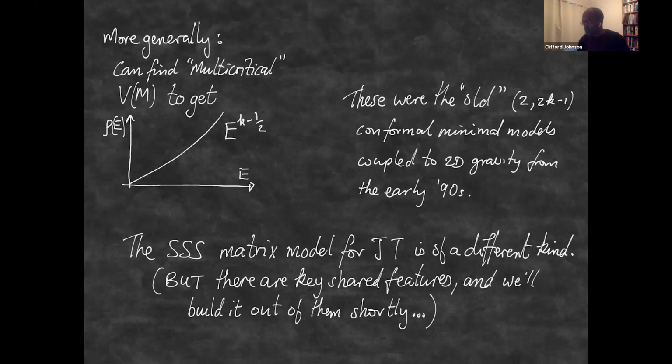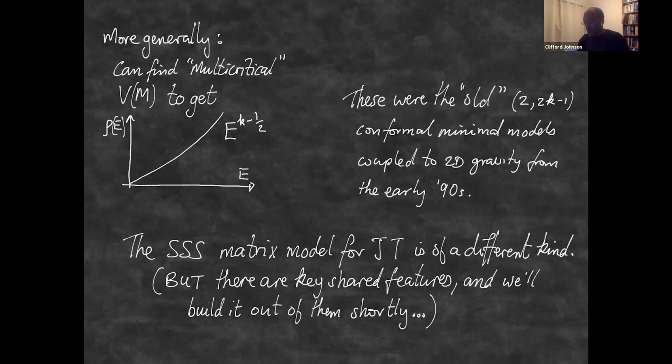this old stuff. Now, one of the things that was exciting about the 1990s was the fact that those matrix models gave you more than just perturbative information. They gave you non-perturbative information about the quantum gravity theory.